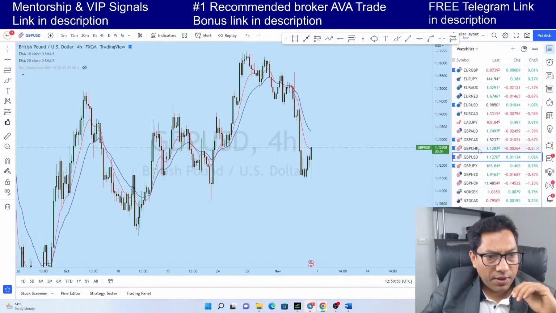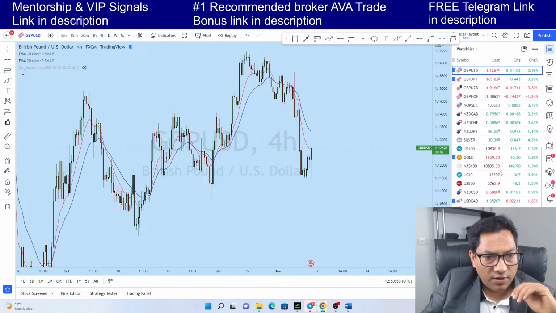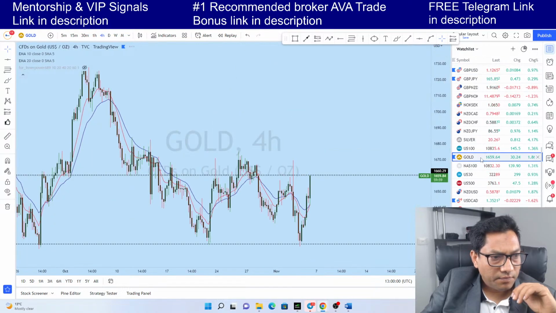So let's see what happens after the candle close, then we'll know in fact which way the market is heading.